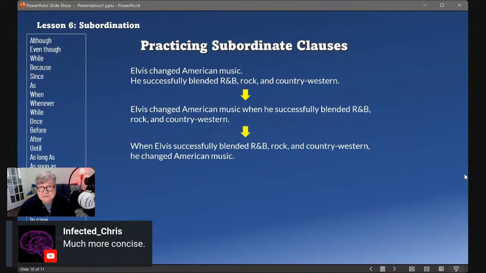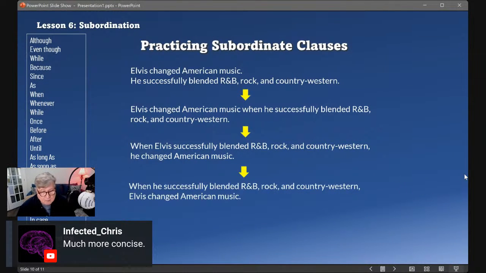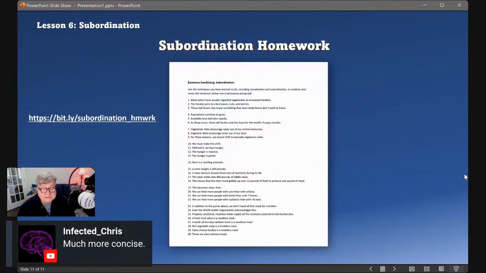When he successfully blended R&B, rock, and country western, Elvis changed American music. And there, that would be perfect for a biography of Elvis. Sorry, I should have brought that sentence in a little bit earlier, huh? Okay, so now you see what we're talking about when it comes to subordinate clauses.